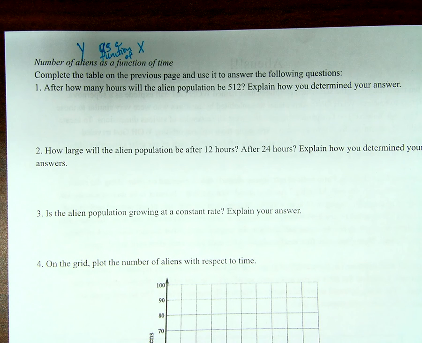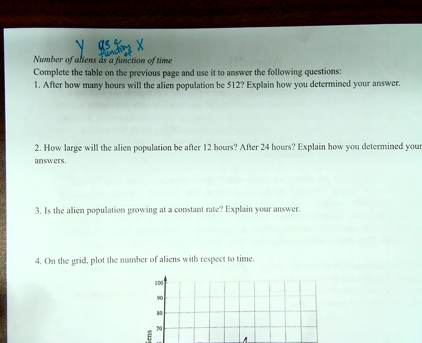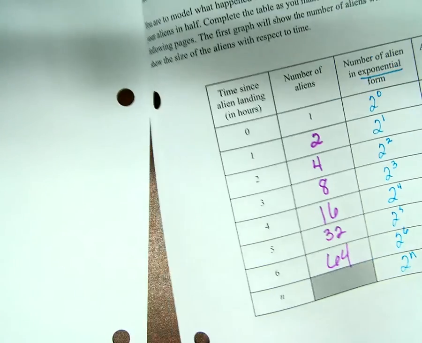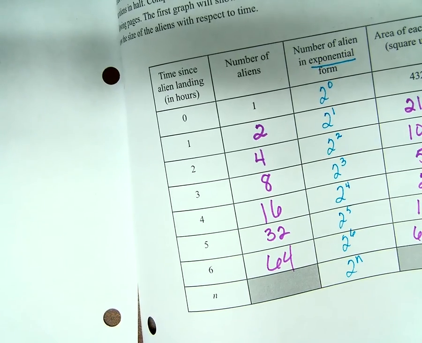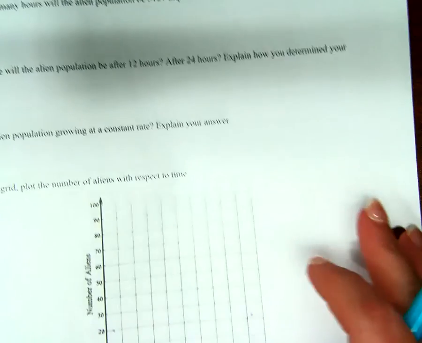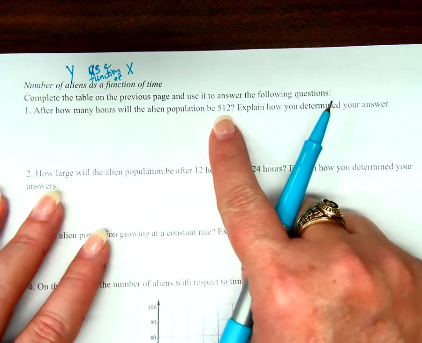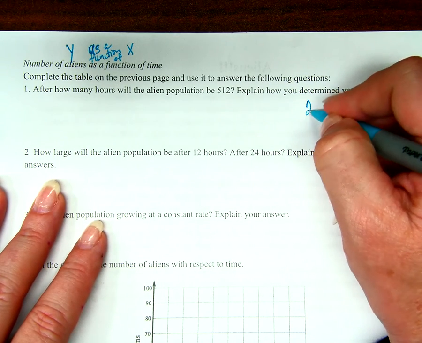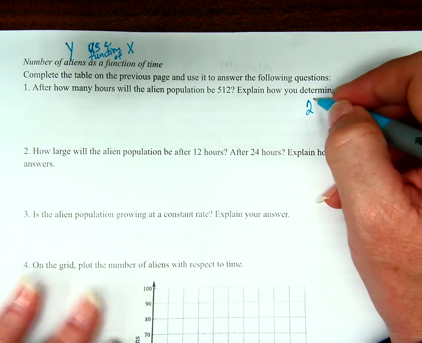You want to guess? You want to use a calculator? Okay. People in previous classes have been using the table that we just did. They said, well, 2 to the 6th was 64. 64 is not really that far away from 512 if you're multiplying by 2, right? So they said 2 to the 7th?